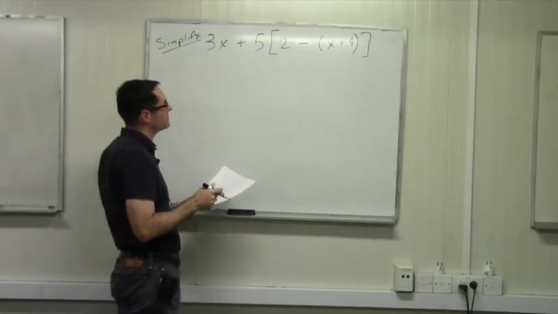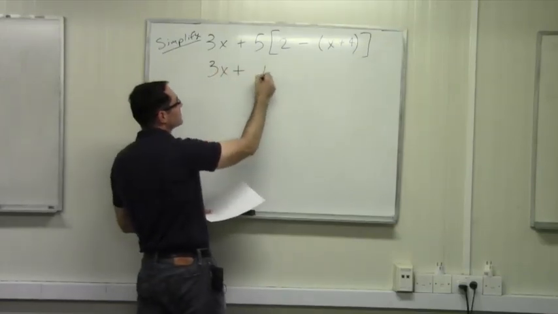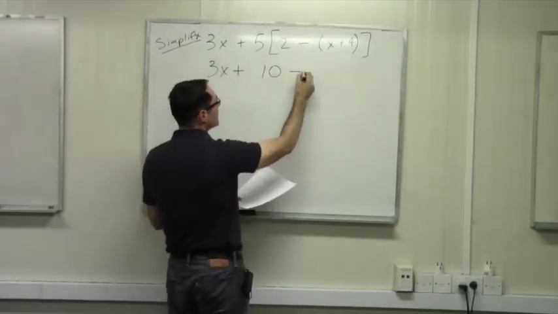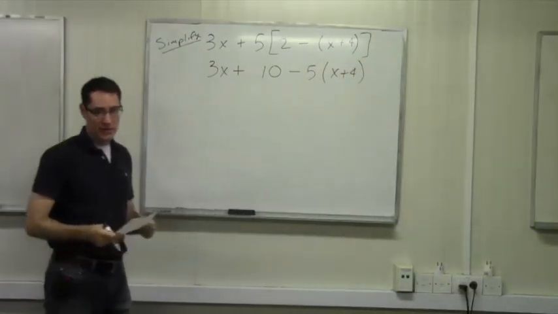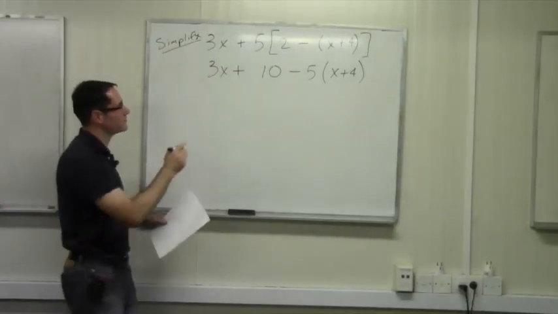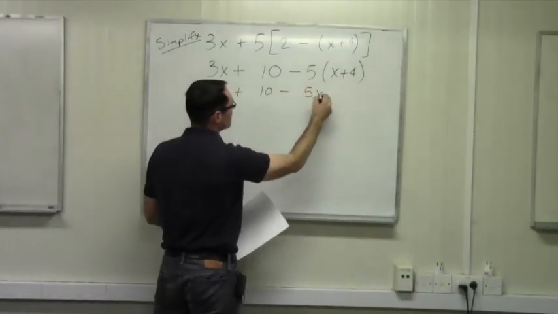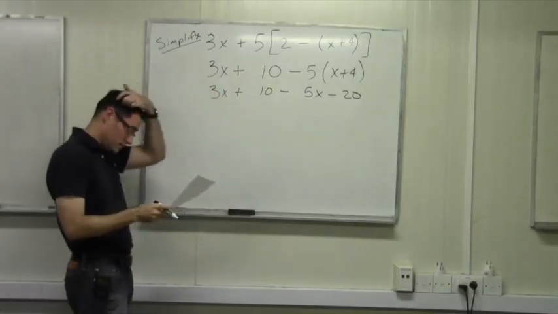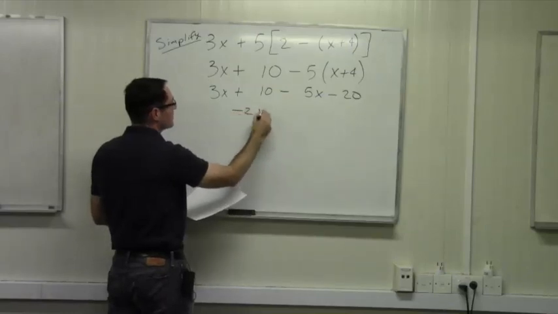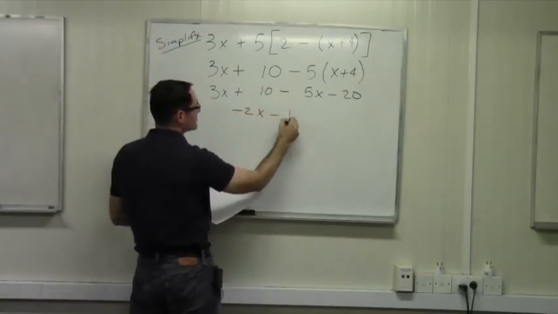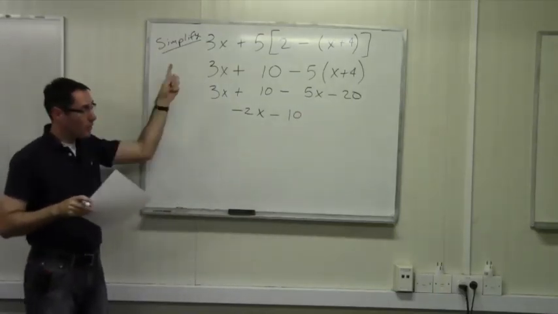I'll do it two different ways. 3x plus 10 minus 5 times x plus 4. If you didn't do it this way, that's OK. We'll do another way as well. 3x plus 10, 5x minus 20. One way to do it.